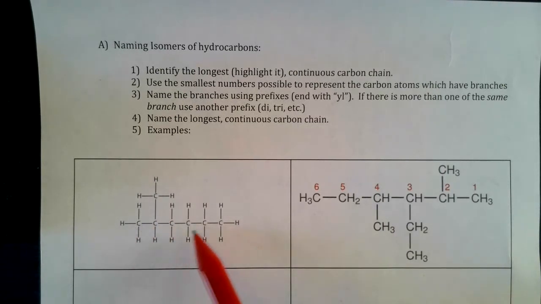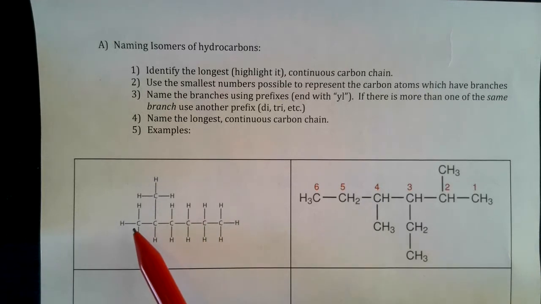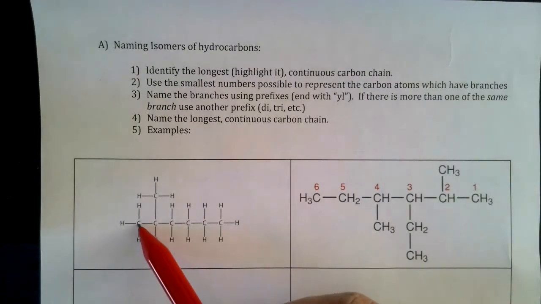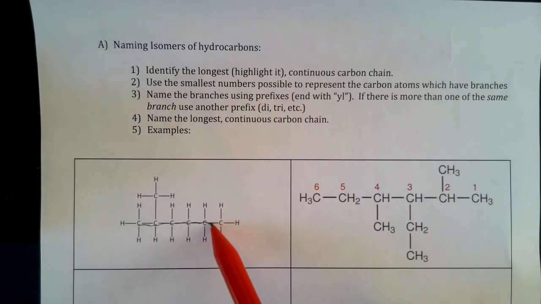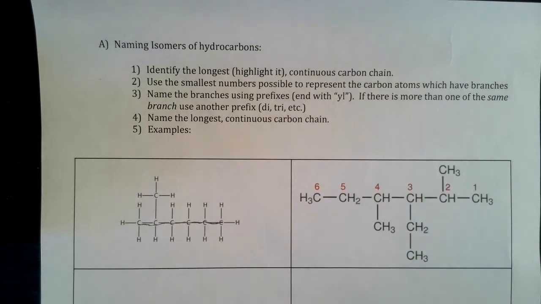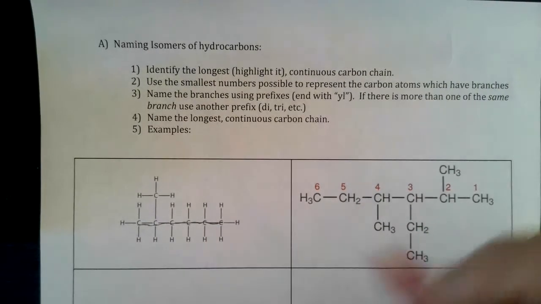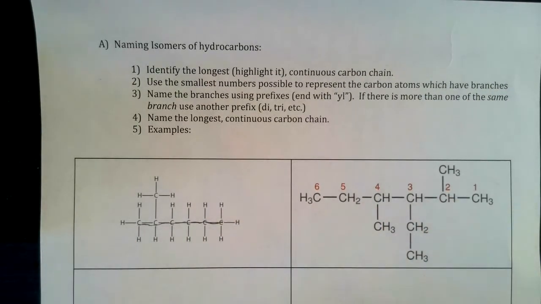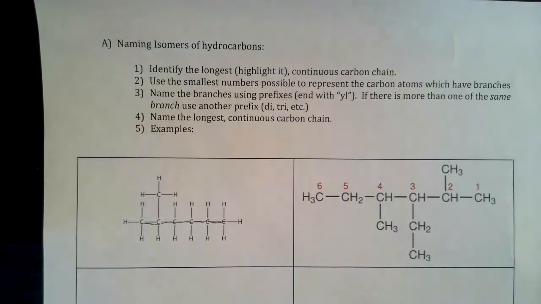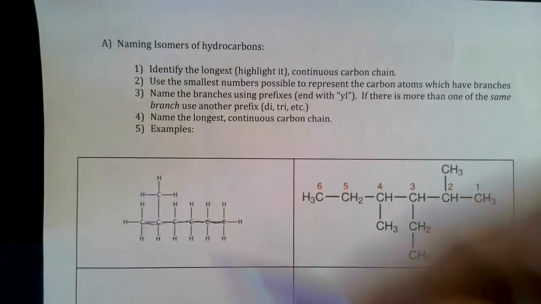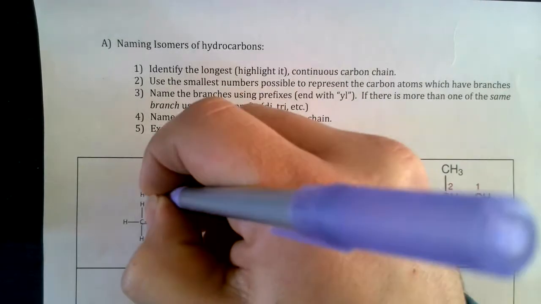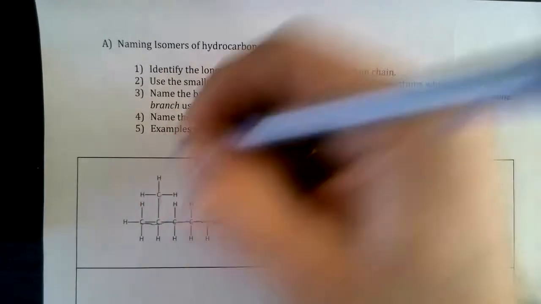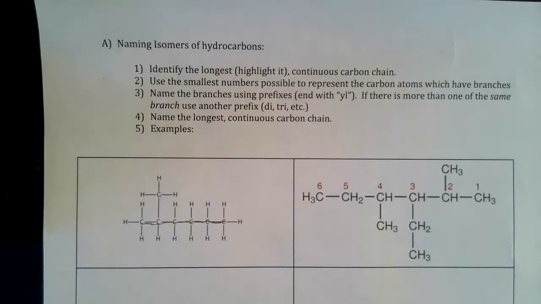If I go straight across the picture, as in this 1, 2, 3, 4, 5, 6, I get a 6-carbon chain. That's my longest continuous chain going that way. I could also start with this carbon and do one.